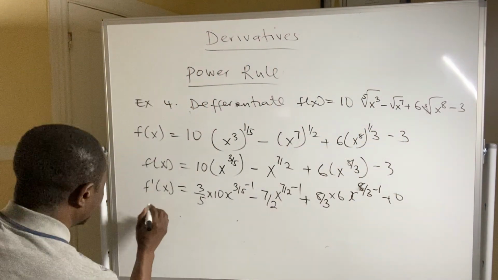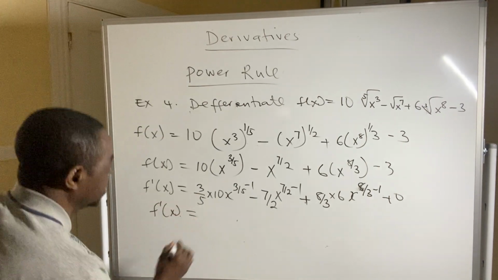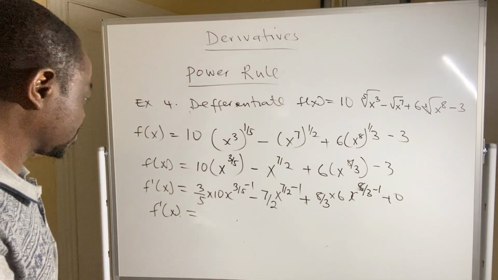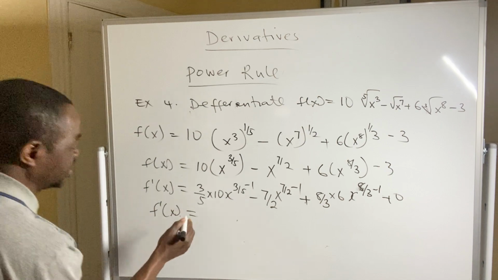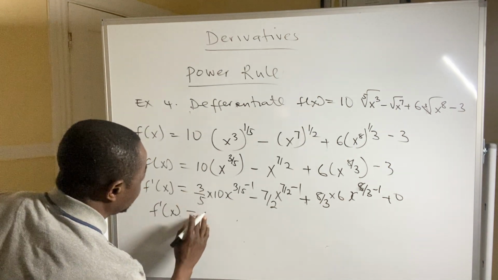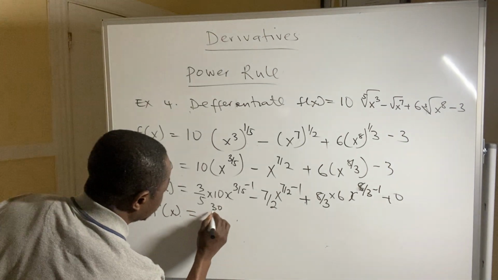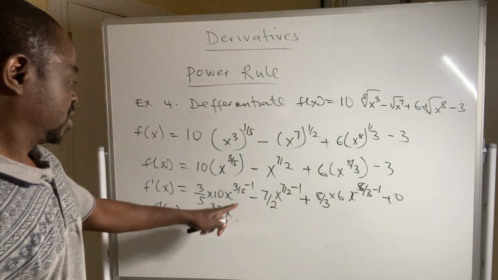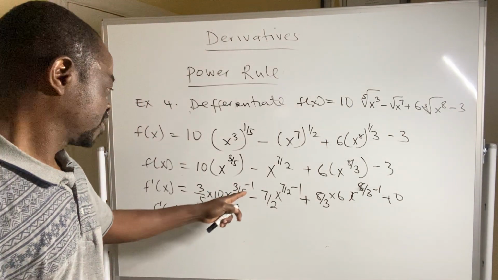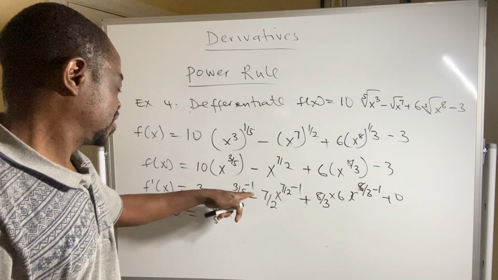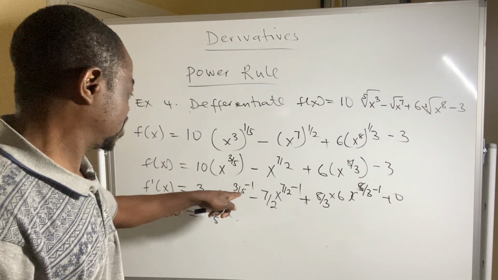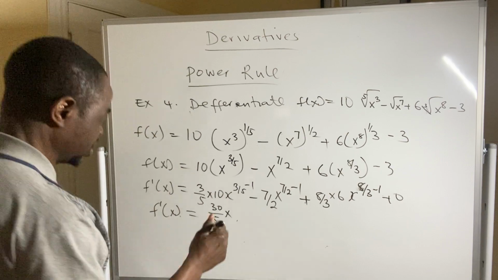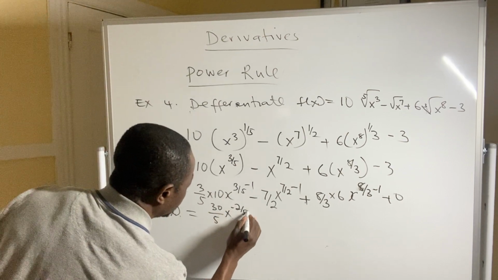Right. So our f prime of x is equal to, you now multiply this one by this. So 3 over 5 by 10 gives you 30 divided by 5, then x raised to the power 3 over 5 minus 1. So you find the common denominator, 3 minus 5, that's minus 2, so you get minus 2 over 5.